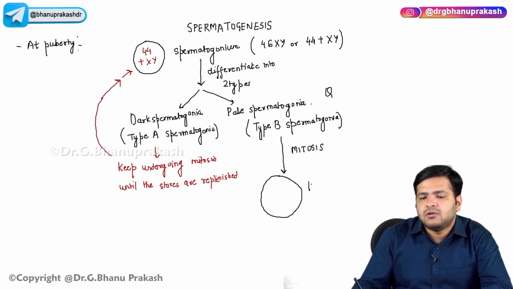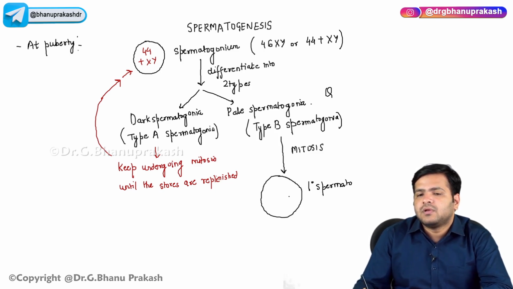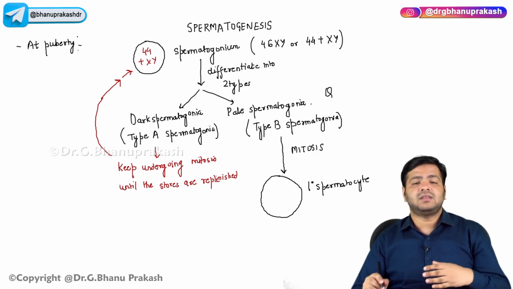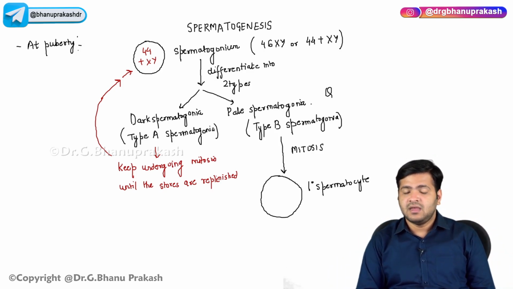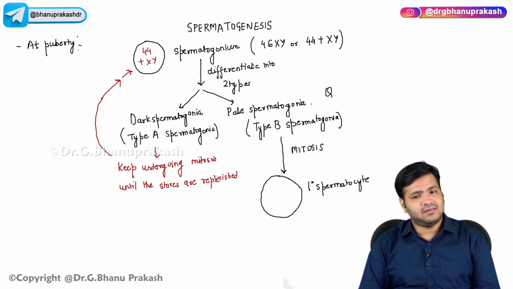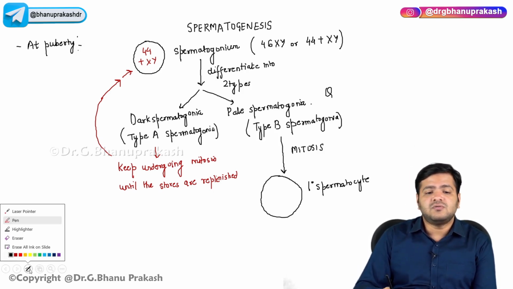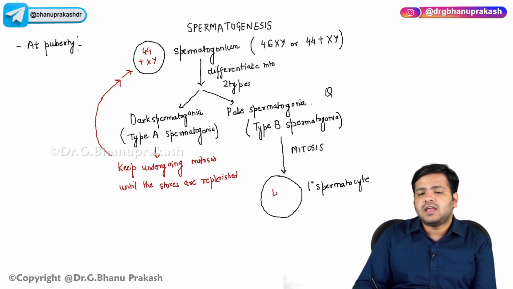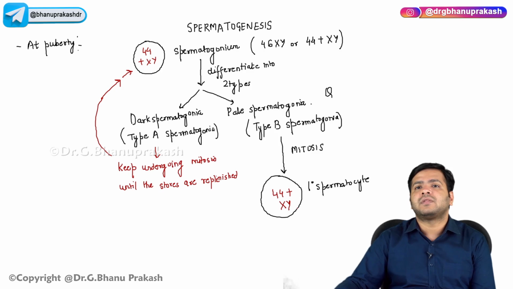The primary spermatocyte is big, containing all the growth factors and nutrition, so it is large in size. After mitosis, the chromosome number will remain the same, that is 44 plus XY.